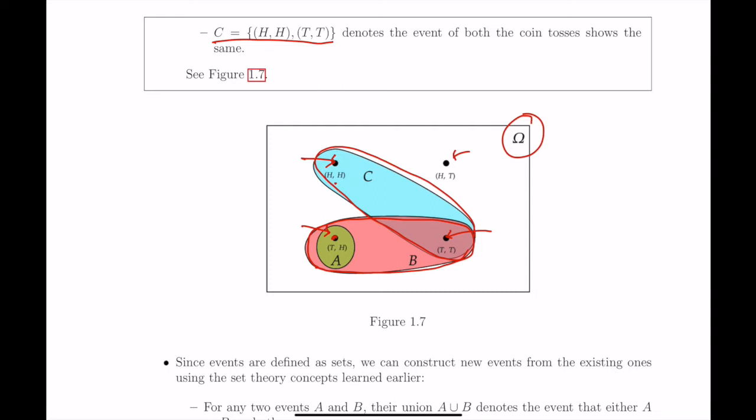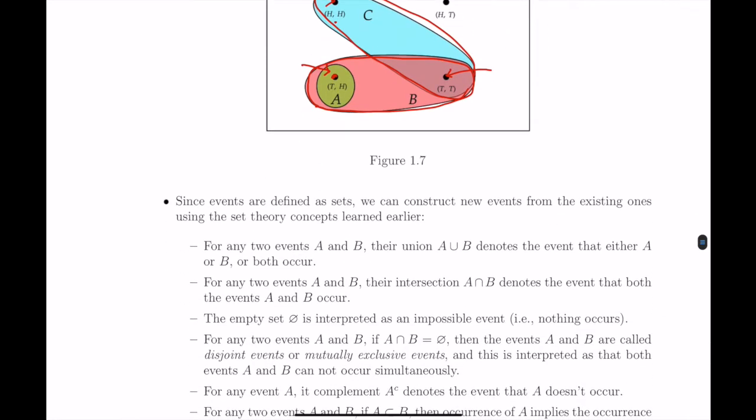Once we have it, we can define combinations of these events, just like the way we define relationships on set. Suppose you consider two events, event A and B, then their union, which we saw as defined as follows, denotes the event that either A occurs or B occurs or both occur.